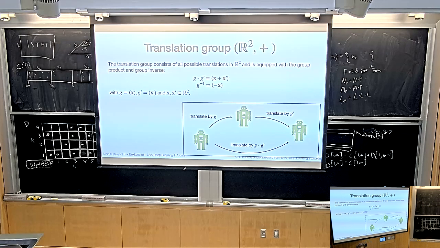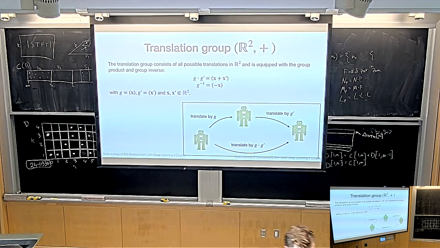For instance, in 2D, the translation group has as elements two-dimensional vectors. There is a group product, which is a little bit unintuitive, but it ends up being addition of vectors. So if you want to translate a two-element vector, you sum it with another two-element vector, right? You take something and you translate it. And the inverse element, of course, is just the same vector, just negative.